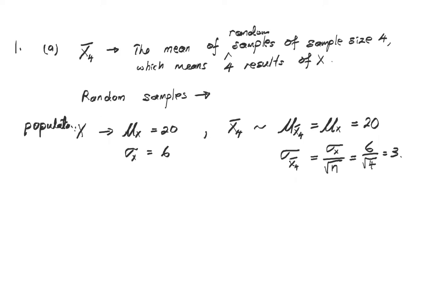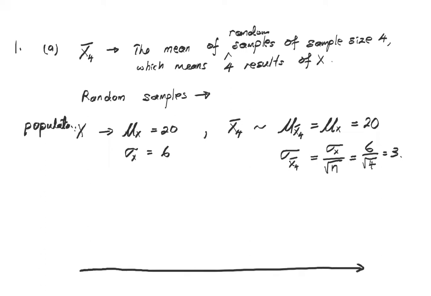Now I want to extend from here. Can everyone try to sketch the distribution of the population and the distribution of the sample means of sample size 4 on the same axis? Please.